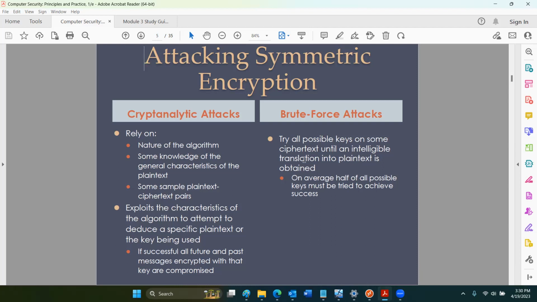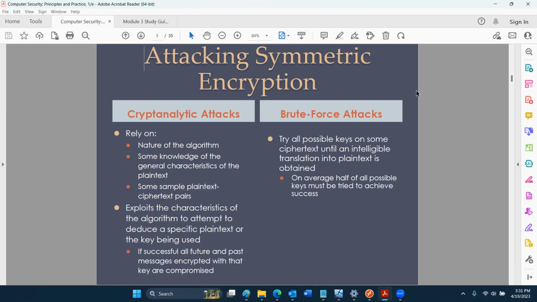With a brute force attack, we try all the possible keys until we get an intelligible translation into plain text. And what they're doing is they're trying all these different combinations of letters and words and numbers.